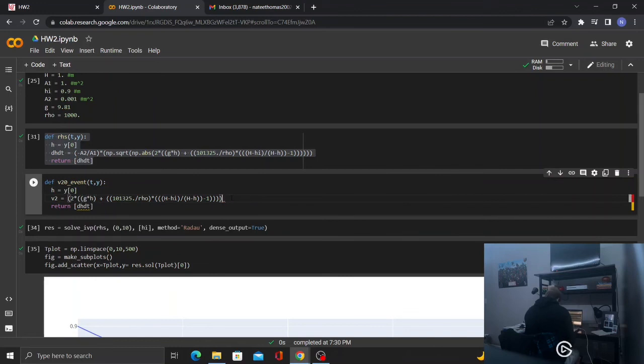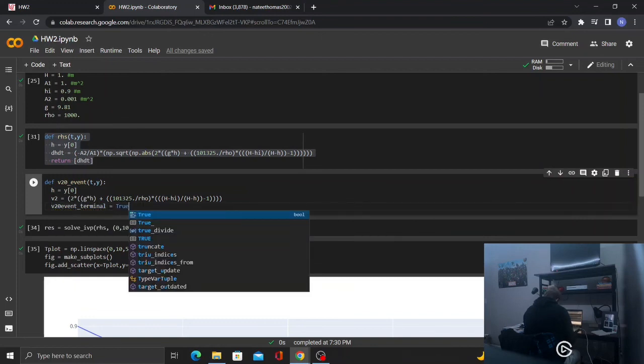So we don't need these two. And we will need an event terminal for v2 0 event terminal, and we want it to be true.